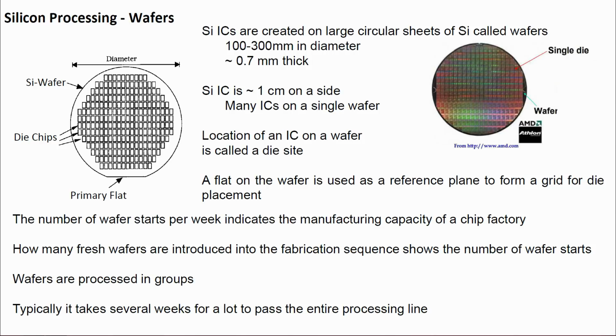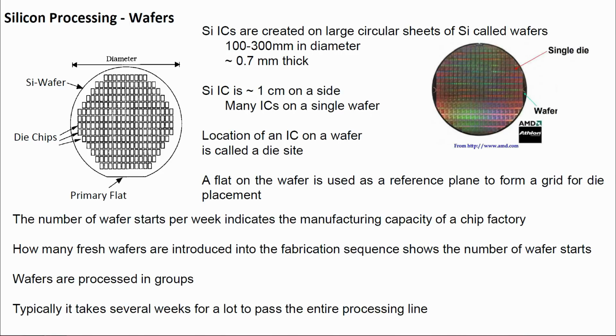When you talk about processing of silicon in terms of wafers, we have individual chips at the end of the fabrication process, and each chip is called a die. We have also seen that there is a primary flat, and this primary flat is for a purpose. What is the purpose of a primary flat?